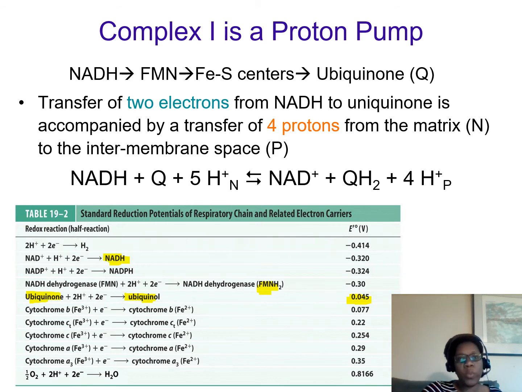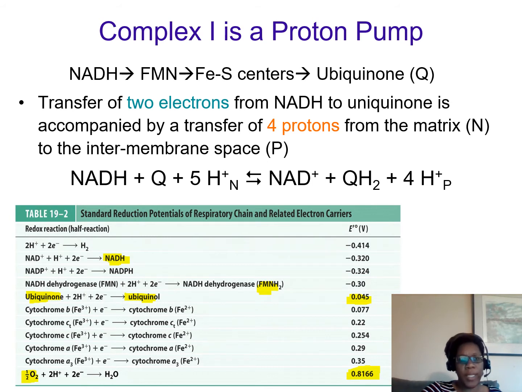So as we transfer those electrons, we're always going to see the electron transfer from something with a low reduction potential to something with a higher reduction potential. And we know that our end goal is to get those electrons to oxygen. So oxygen has a very high reduction potential. So that's the last place where we're going to transfer those electrons.